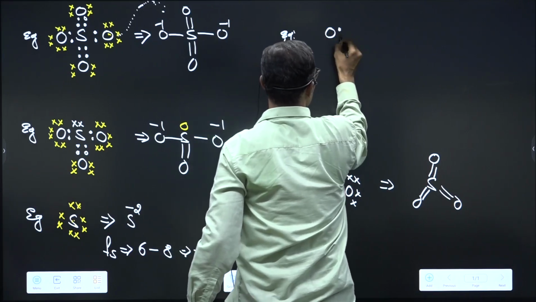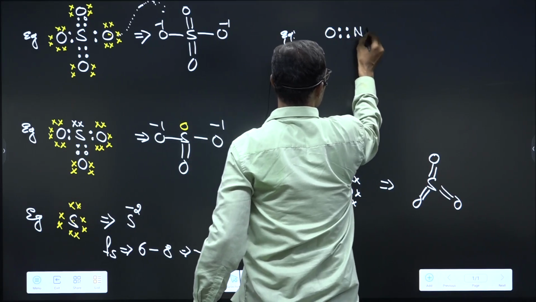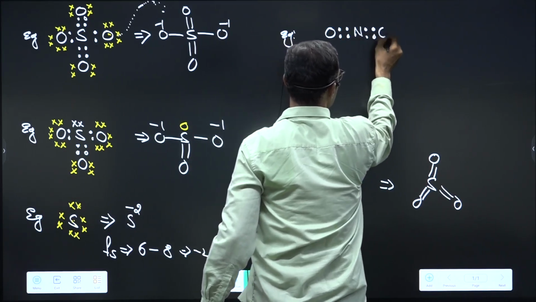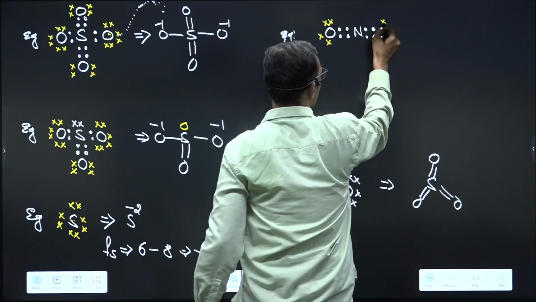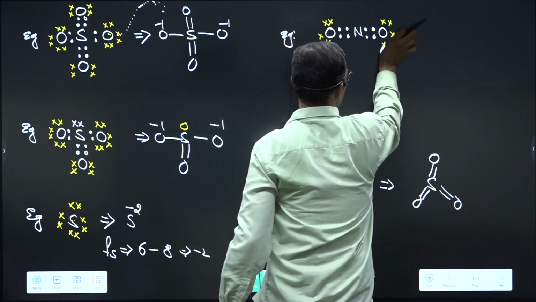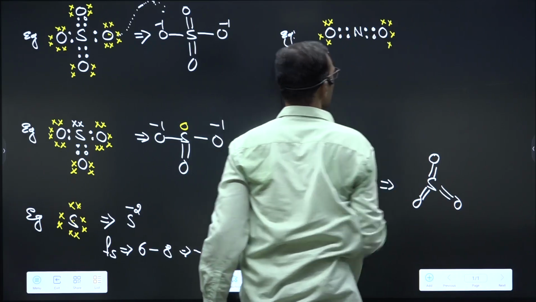Here oxygen 2 electrons, nitrogen, here 2 more electrons and oxygen. Here I am writing lone pair, here lone pair, lone pair. So what is the formal charge of oxygen and nitrogen in this one?